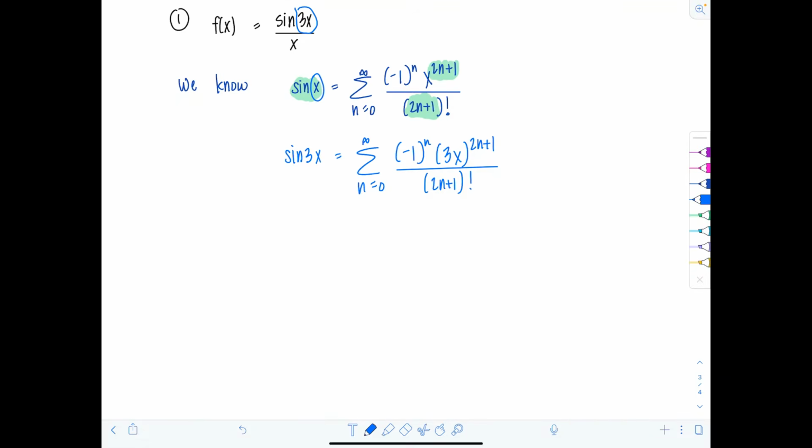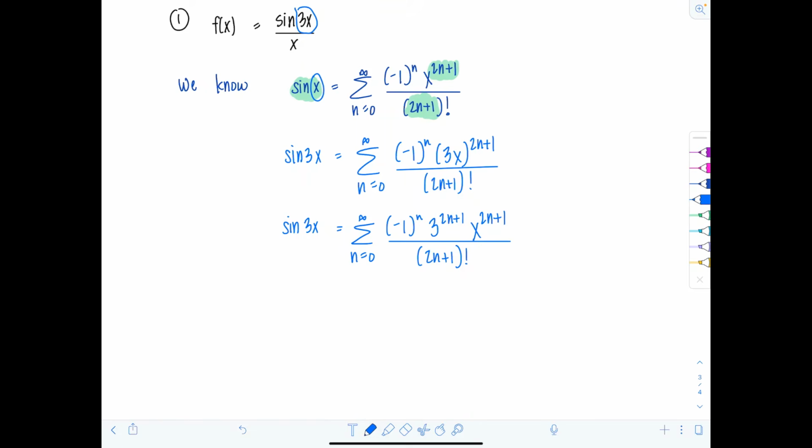And then I can clean that up a wee bit. Let's just distribute the exponent. So we have the sum n equals 0 to infinity, negative 1 to the n, 3 to the 2n plus 1, x to the 2n plus 1 over 2n plus 1 factorial. So this is the Maclaurin series representation for sine of 3x.